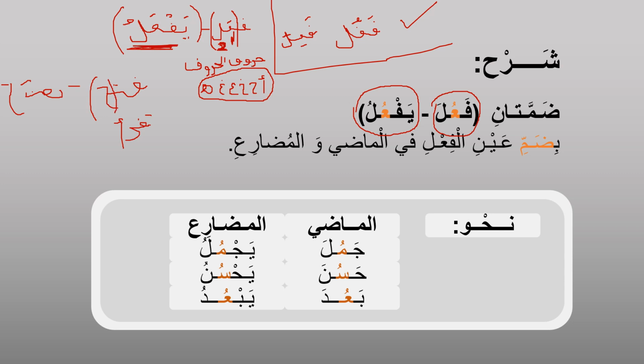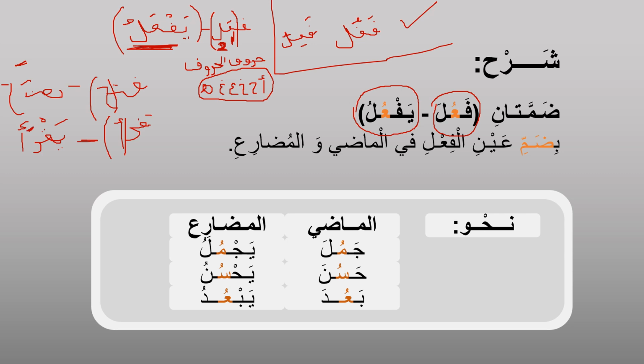That is why this one is taking fatha: yaftahu. We also have alif hamza in the lamul fi'l position. You can see it is also yaqra'u. It's taking fatha in the ainul fi'l. Yaqra'u.